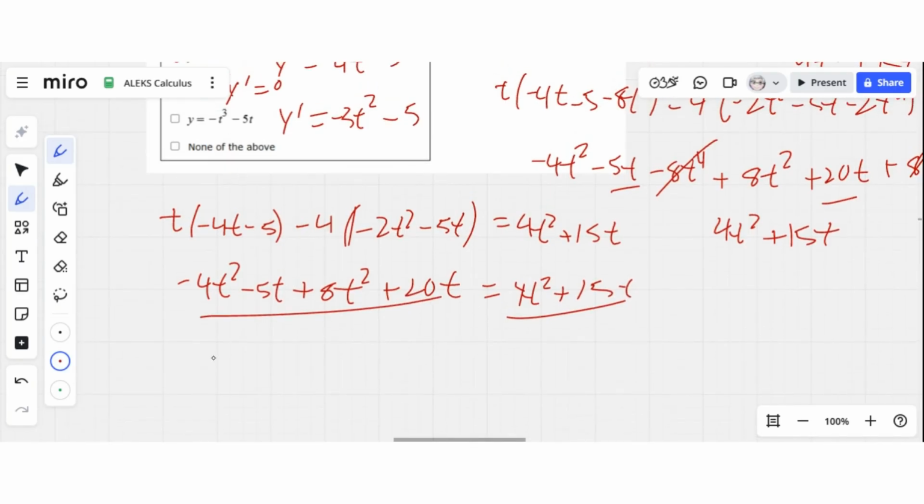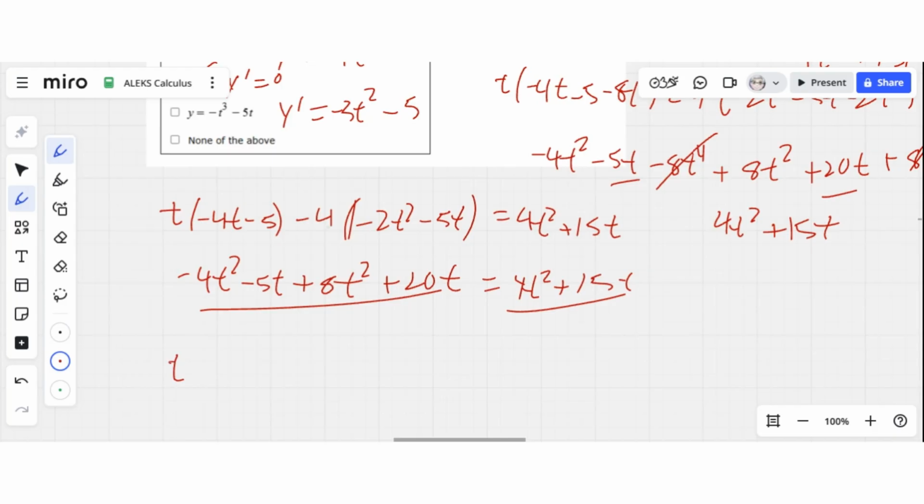My hunch is no on this one, but let's double check it. So t times the derivative, that's negative 3t squared minus 5, minus 4 times the original function, negative t cubed minus 5t, and that's all supposed to equal 4t squared plus 15t.